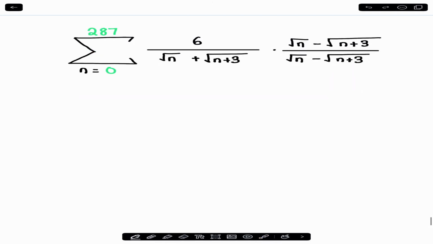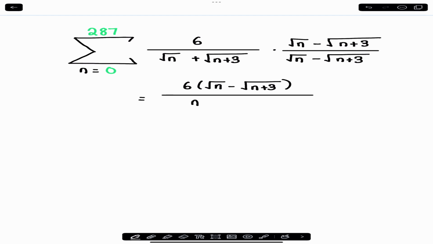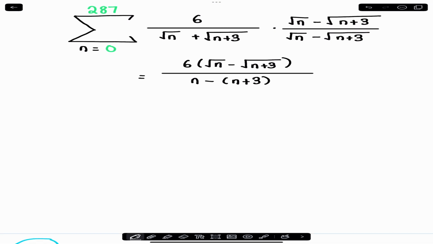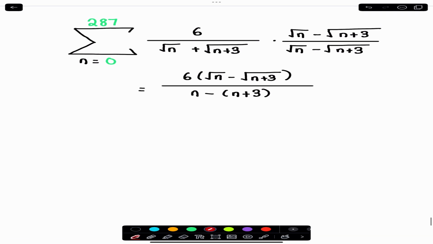So if we were to do that, this expression becomes 6 times the square root of n minus the square root of n plus 3. And then on the bottom, we have a difference of squares that goes something like n minus n plus 3. So our n's will cancel. N goes away with a negative n.